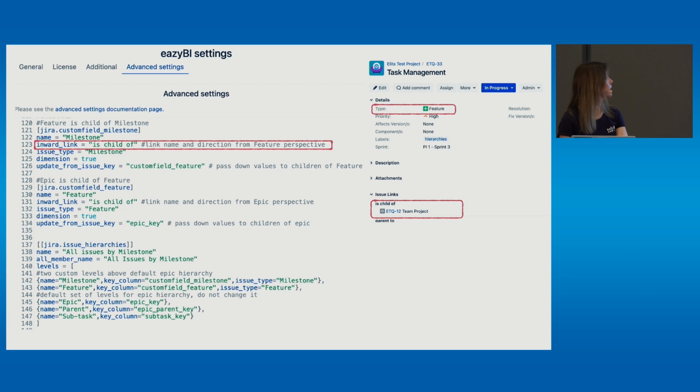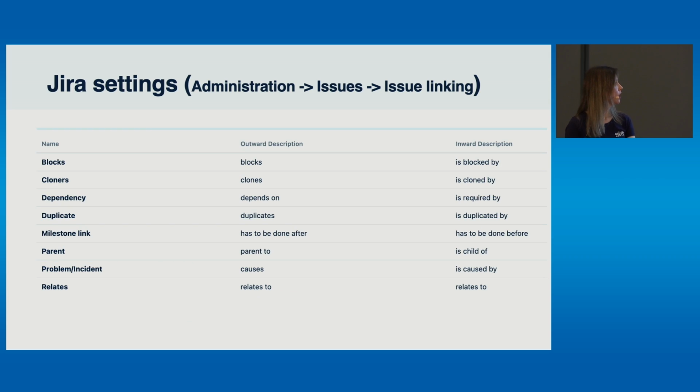And if you forget, again, what kind of a link direction it is, here is a reminder. This is where your Jira issue link settings are. Is child of is my inward link. That's why I used it.